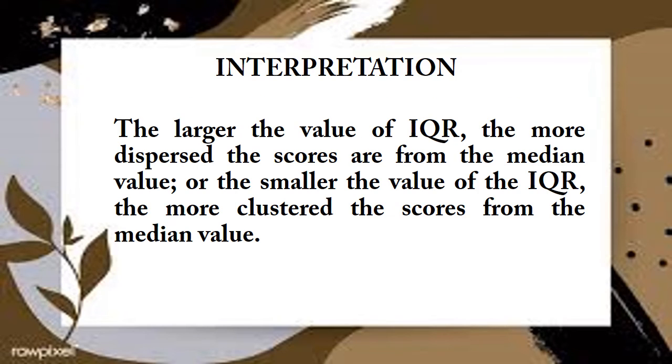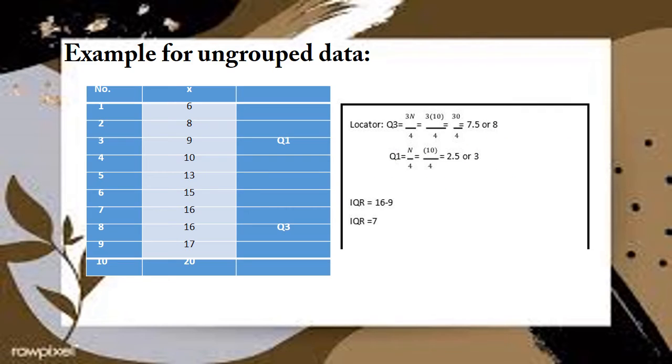When we need to interpret the result of the IQR, we need to consider these rules. The larger the value of IQR, the more dispersed the scores are from the median value, or the smaller the value of the IQR, the more clustered the scores are from the median value. So in this table, when we need to get the IQR, we need to first find the quartile 3 and quartile 1.